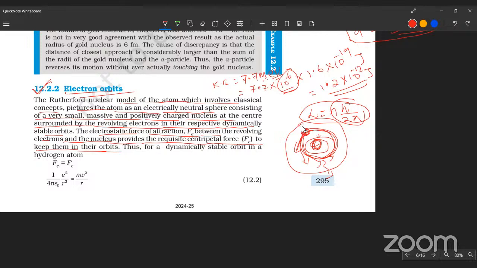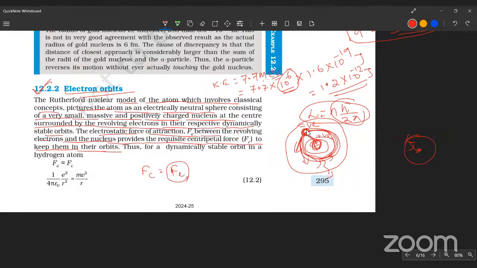Nucleus is positive and electron is negative, so there will be attraction between them. Any object revolving in a circular path has a centripetal force, and here it is provided by the Coulombic attraction.